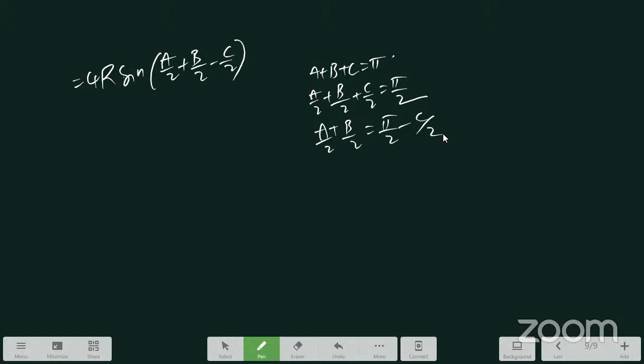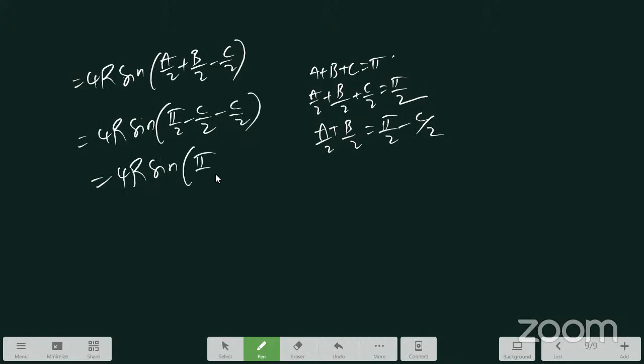That is nothing but 4R sin of pi by 2 minus C by 2 minus C by 2. That is 4R sin of pi by 2 minus C. That is 4R sin of 90 minus theta, cos theta. So 4R cos C. Is it clear? So your LHS is equal to RHS.